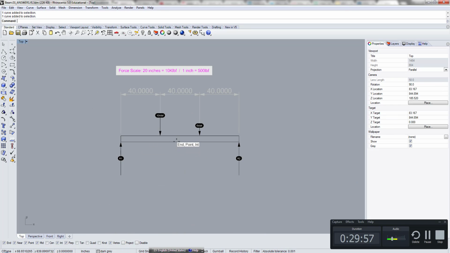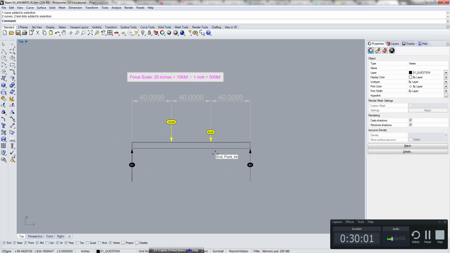What happens to the beam when you introduce a load? Typically in buildings you don't ever see the beams bending, right? Because if you see that, that's probably a problem.